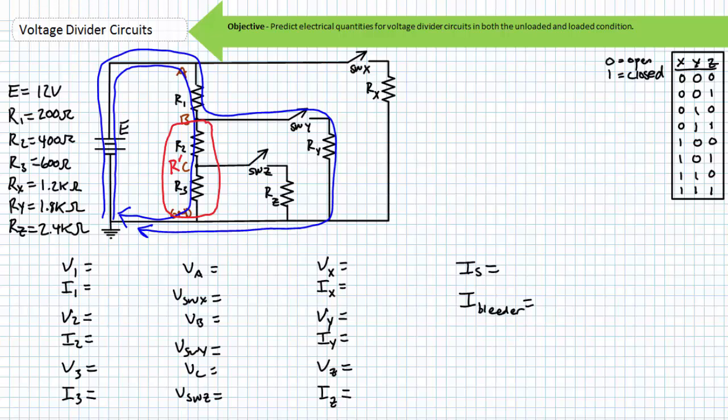Internal to R', since R2 is in series with R3, R2 and R3 should have the same current. Supply voltage E will be proportionally distributed between R1 and the parallel combination of R' and Ry. No current travels through Rx or Rz, and no voltage will be dropped across them. The voltage drop across each open switch will be the nodal voltage with respect to the ground reference.